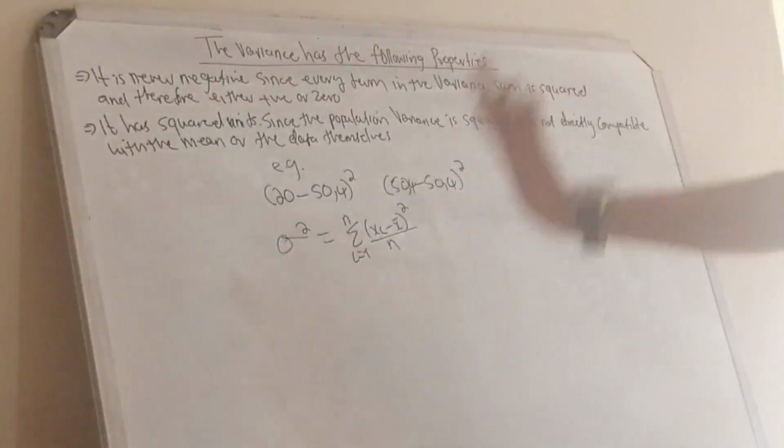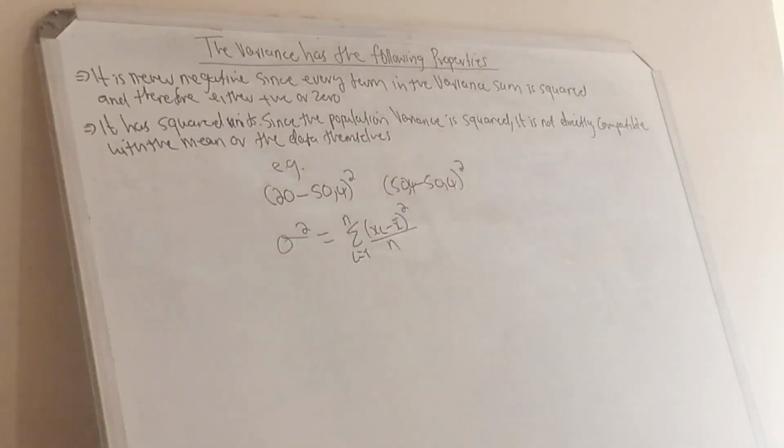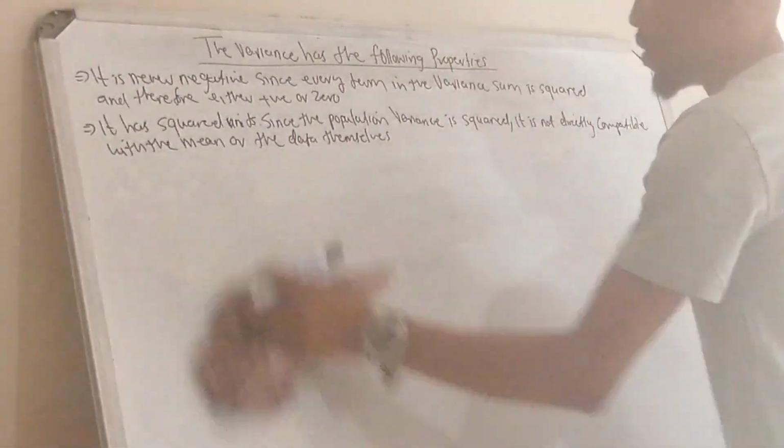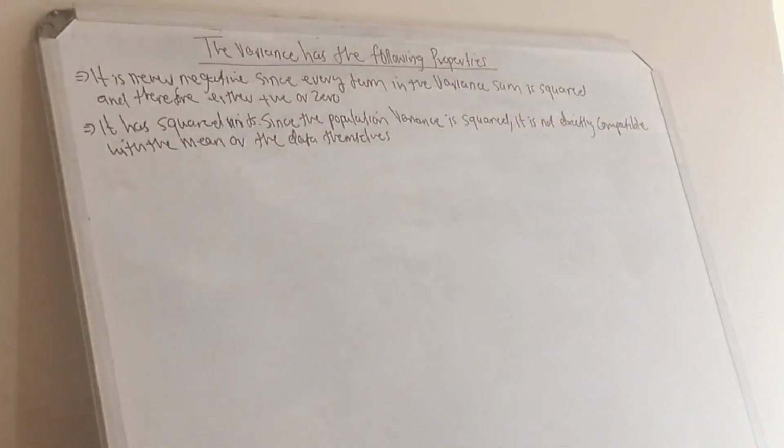For now, enough said that it has squared units. Since the population variance is squared, it is not directly compatible with the mean or the individual elements that you find in your data sets. It is important to understand better exactly what we are talking about.